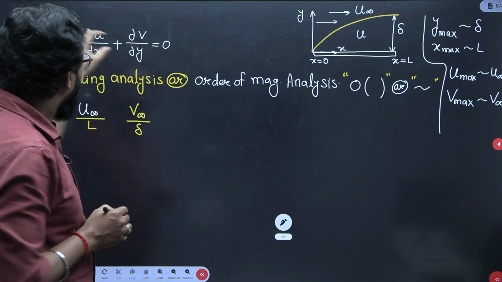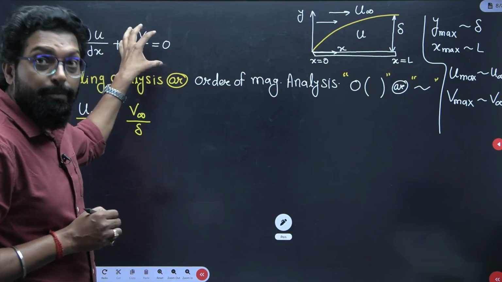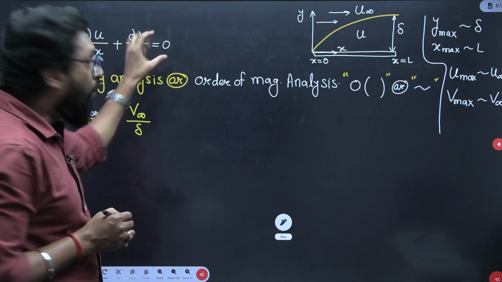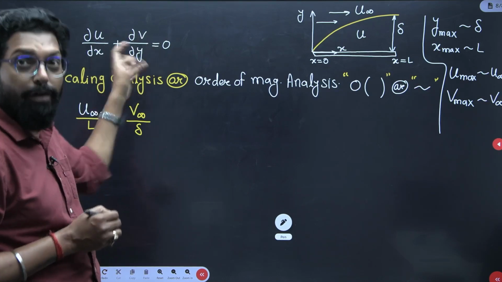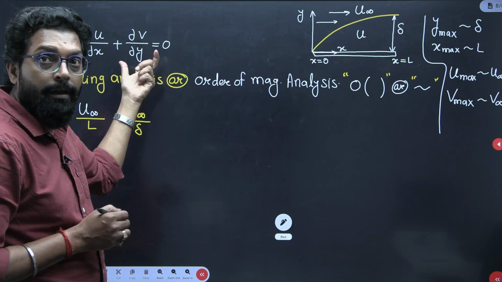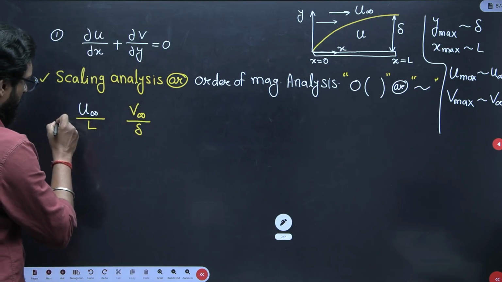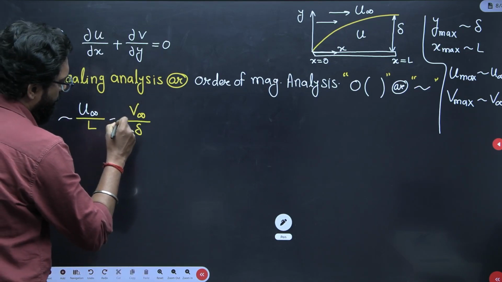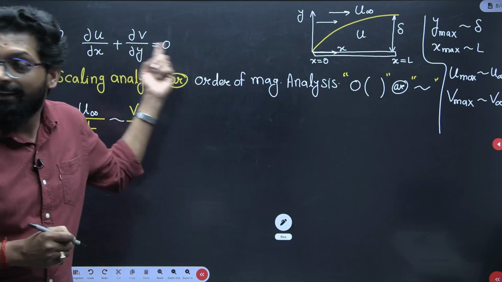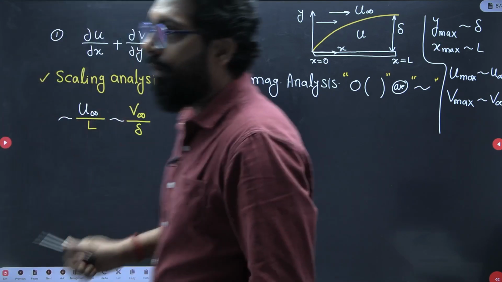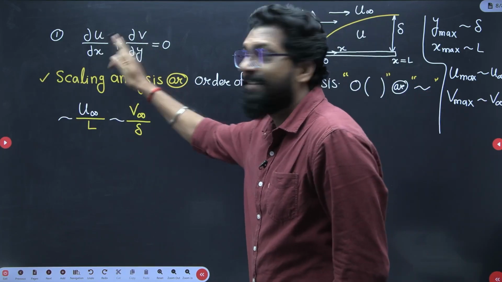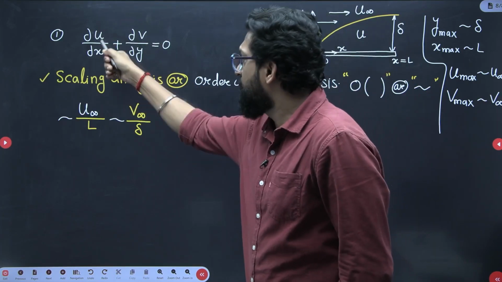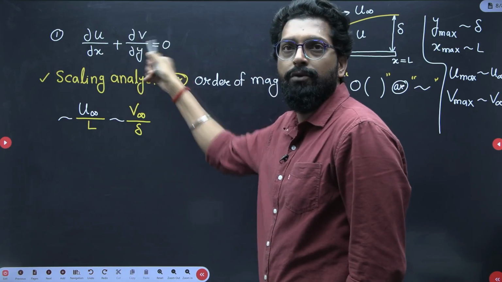Understood or not? If this is plus 10, then there must be minus 10. So the orders of magnitude are the same. That means this order of magnitude is equal to this order of magnitude, because the summation must be 0, so one is the negative of the other and the resultant is 0.